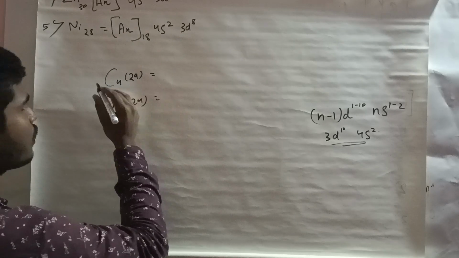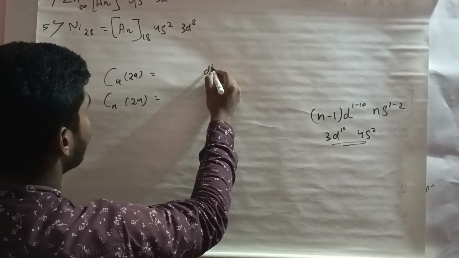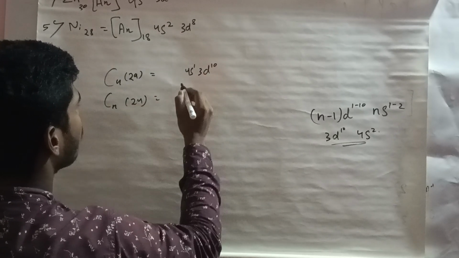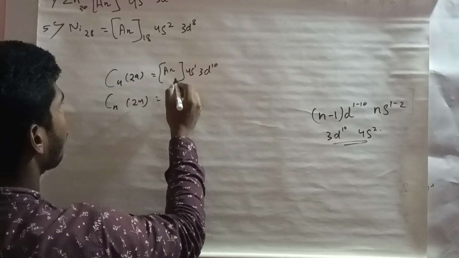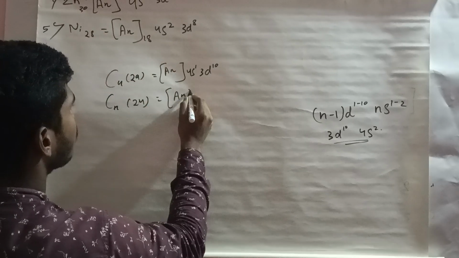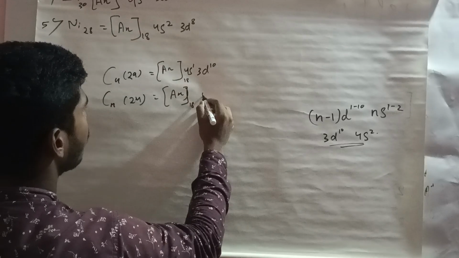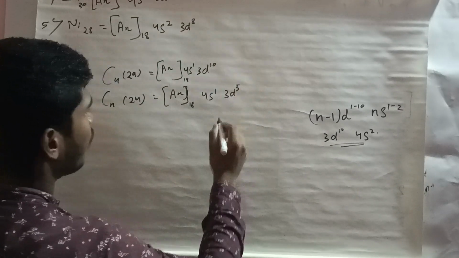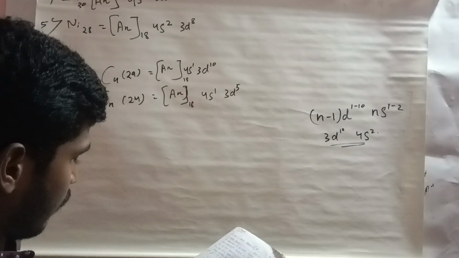For copper, the structure becomes 3d10, 4s1, with argon 18. For chromium, argon 18, 4s1 and 3d5. Am I not wrong? Yes, it is okay.